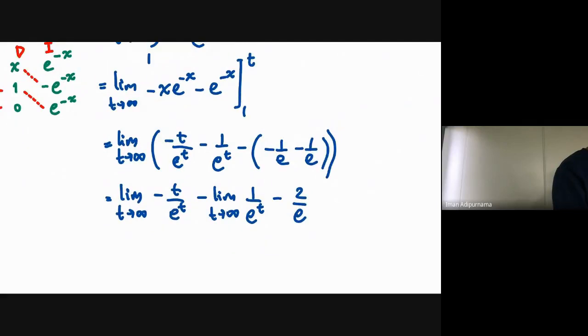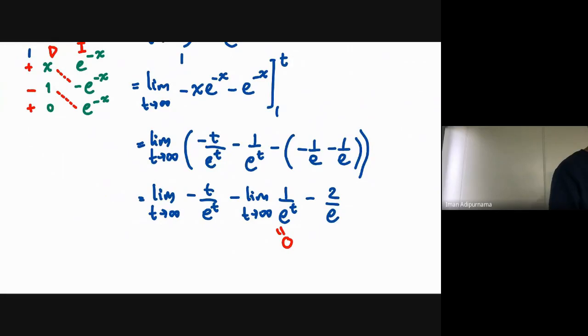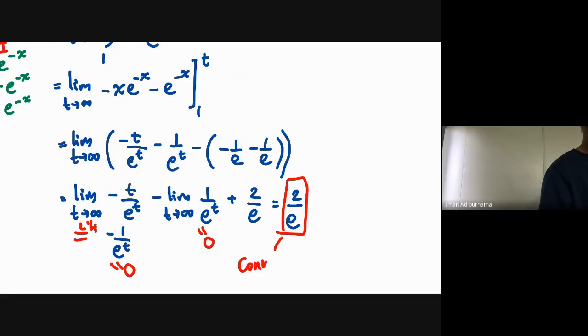Okay, now this will be 0. And this will be solved by the L'Hopital rule. So it will be negative 1, and this also will be 0. So the solution will be, oh wait, it should be plus 2 over e. So this converges by integral test.